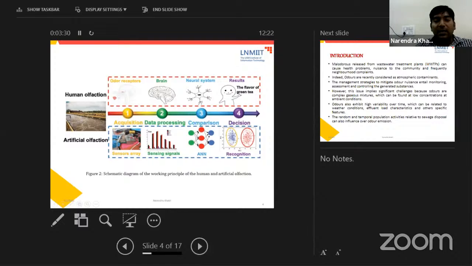That is a sensor array, a collection of sensors which senses the information, and then a data processing unit which will process the information and make the data compatible for the system, or a smart machine learning algorithm where we will implement it. And proportionally, there will be a decision support system which will take the decision as per the recognition.